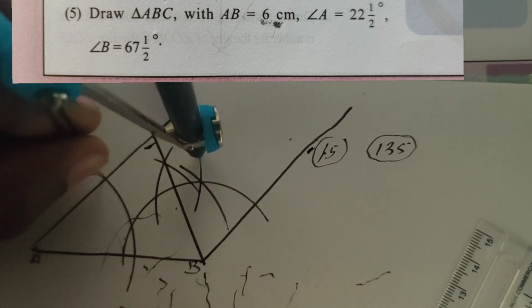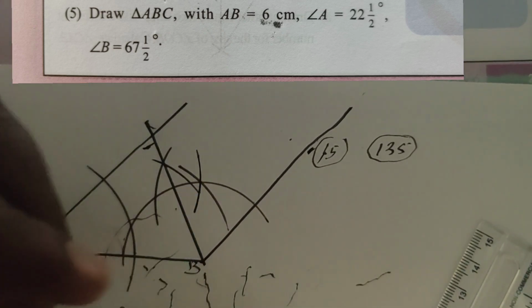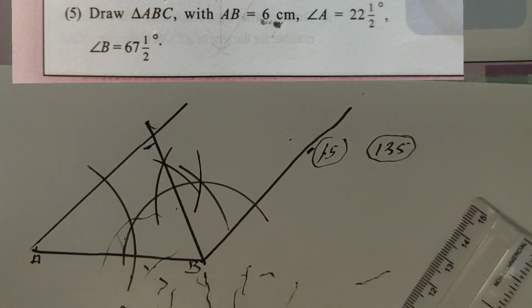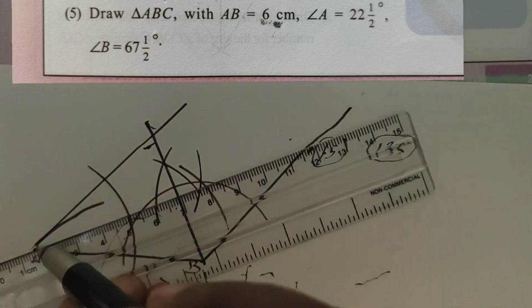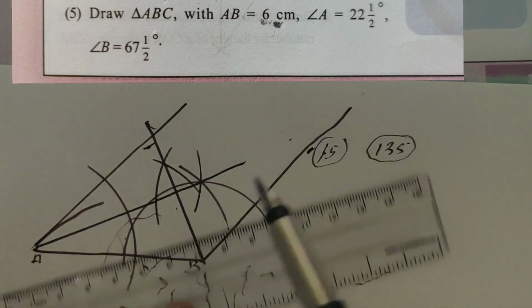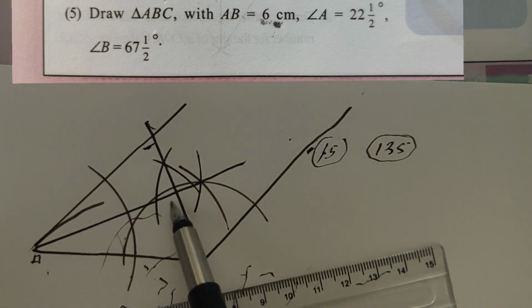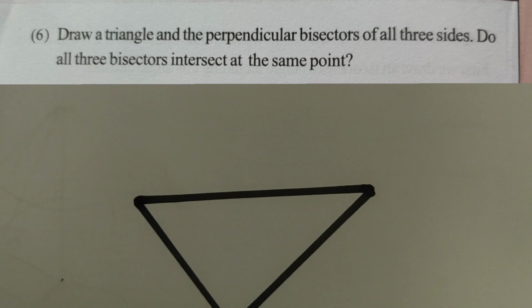Here also we join the vertex and this intersecting point. You get two bisectors going like this. Now you get the third vertex.